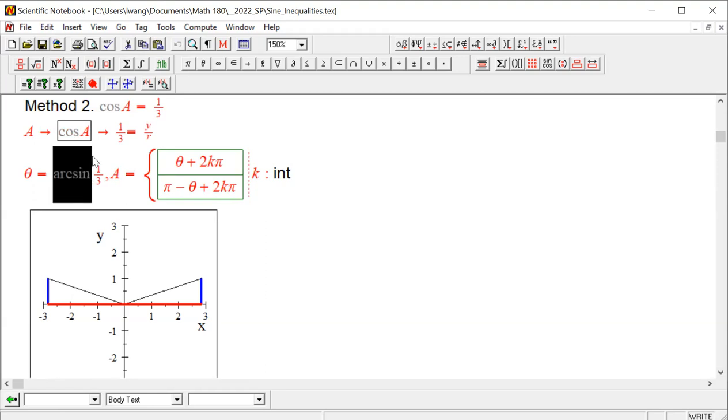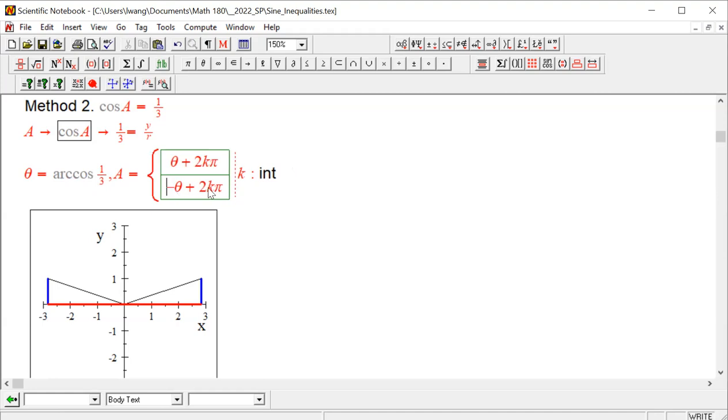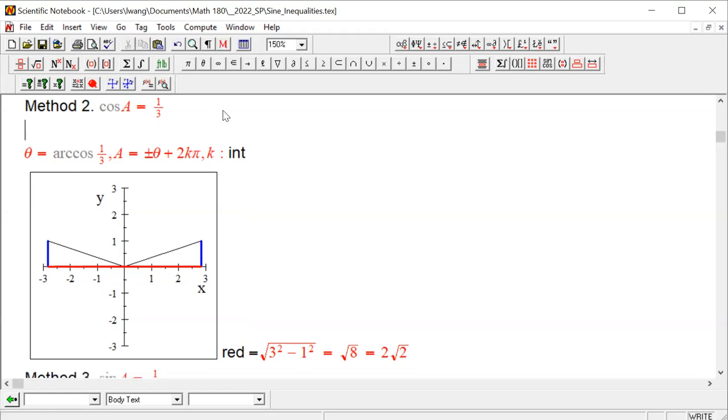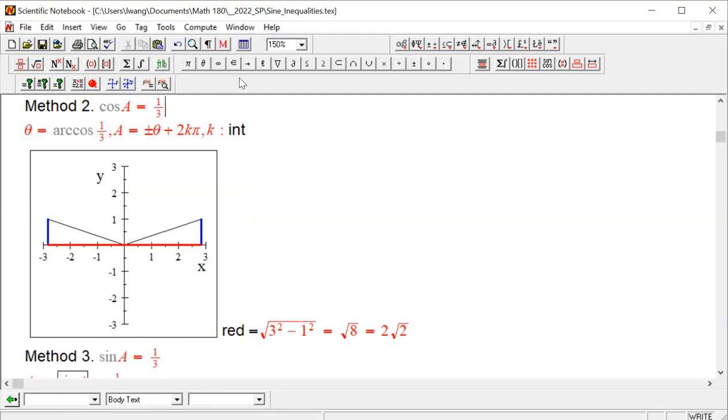And theta this time is an arc cosine, and the solution will be plus minus theta plus 2k pi, where theta is specified. I'm going to put this away, because we don't need to explain more.